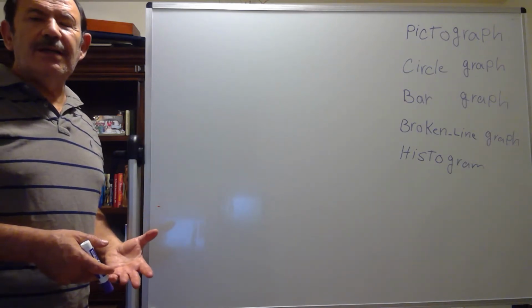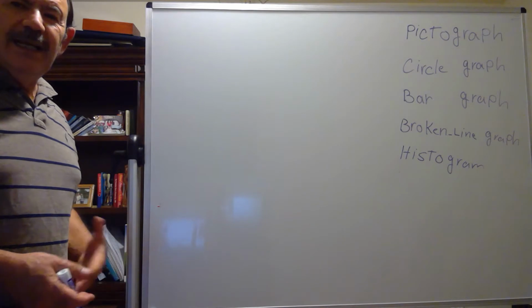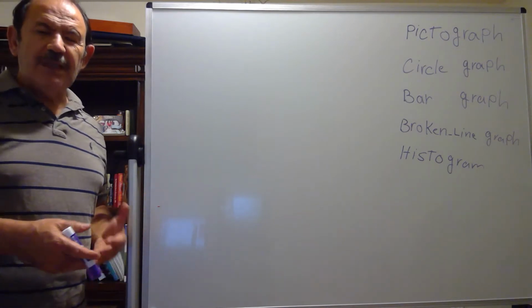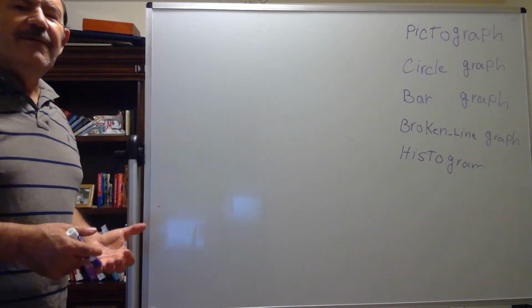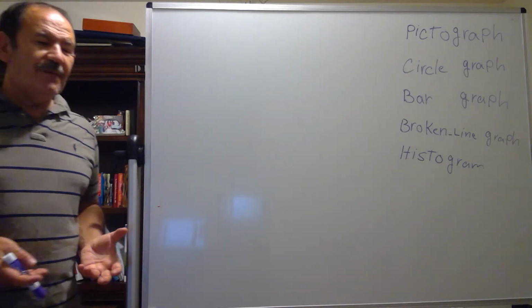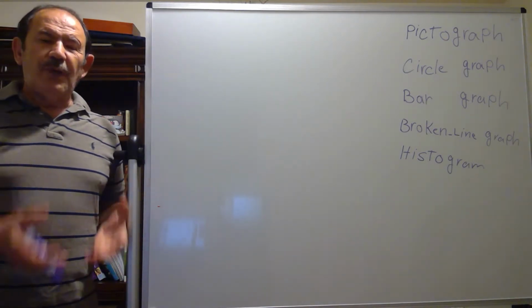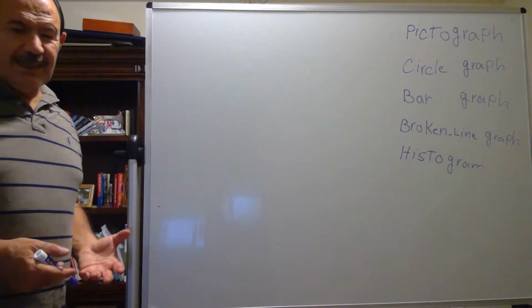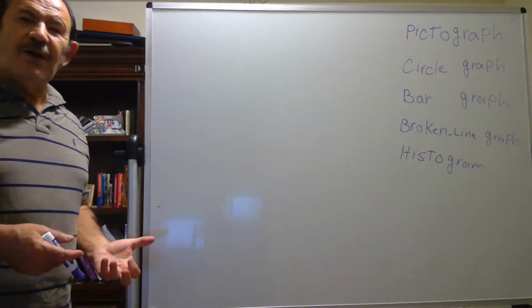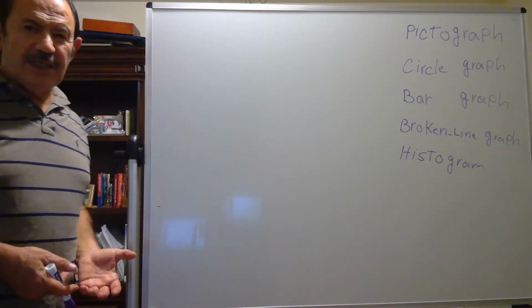And if we add these two numbers, 25 plus 30, 55 is the total number of students that participate in the mathematics class. As you see, all of these numbers give us information.